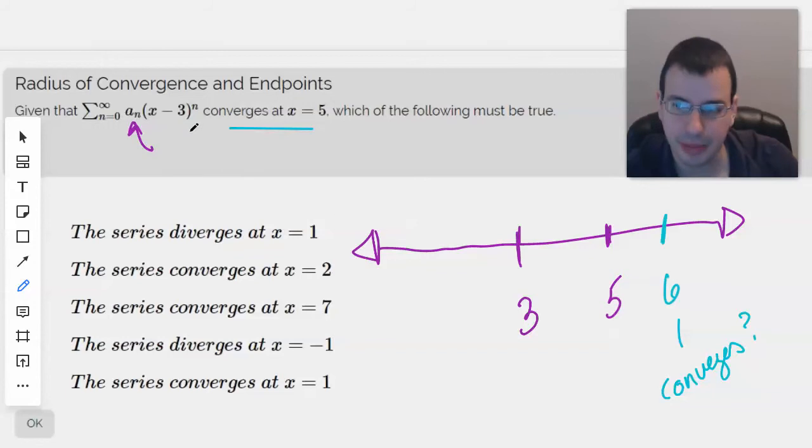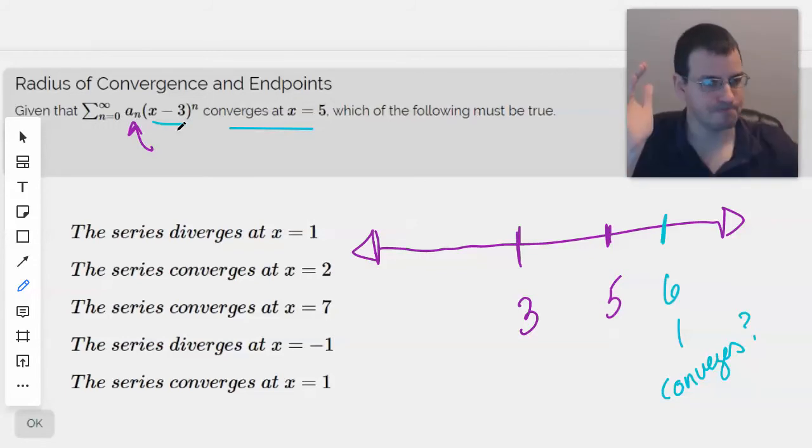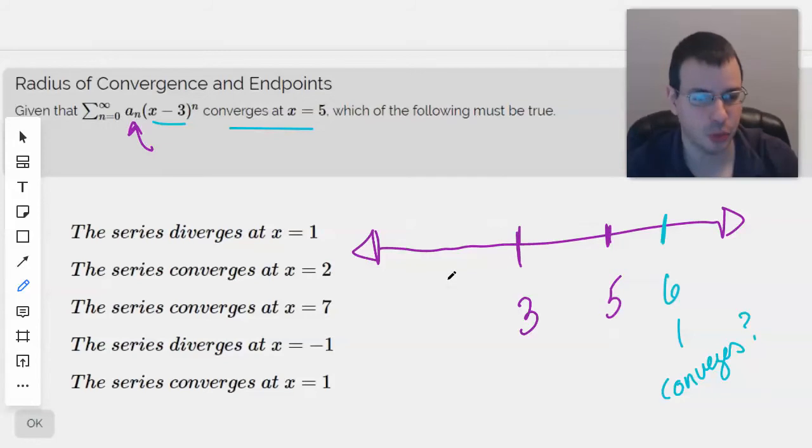Your first thought might be that there's obviously a radius of convergence of 2 here, so it converges between 1 and 5 but diverges everywhere else. Well, maybe. But beyond that, we don't know what this a sub n coefficient is.